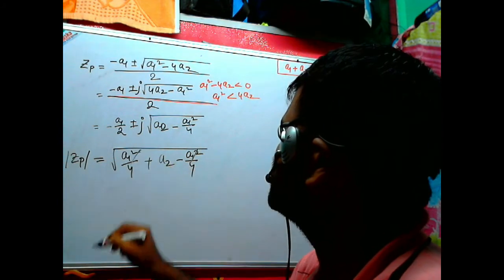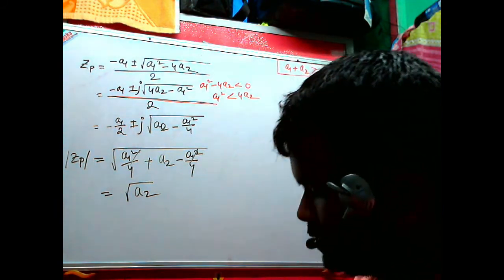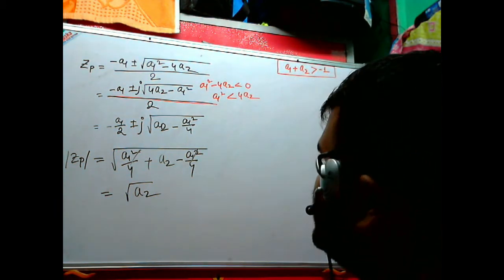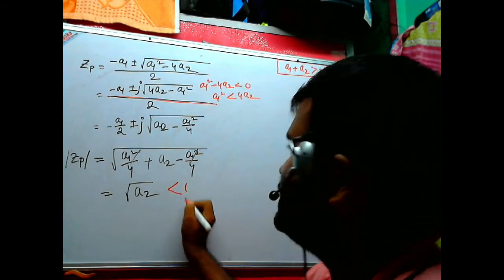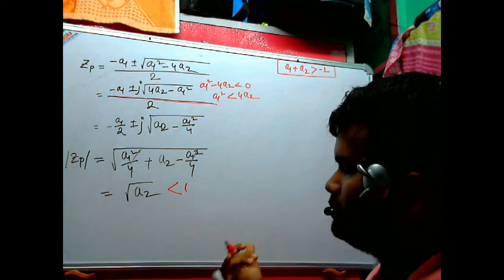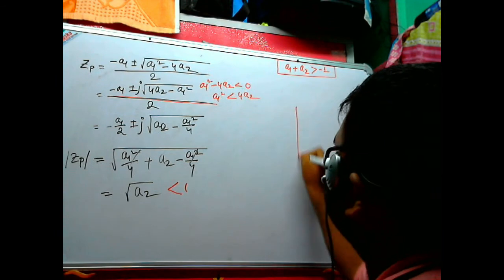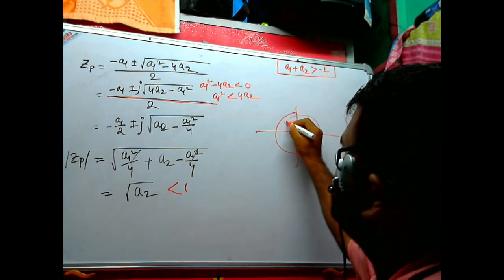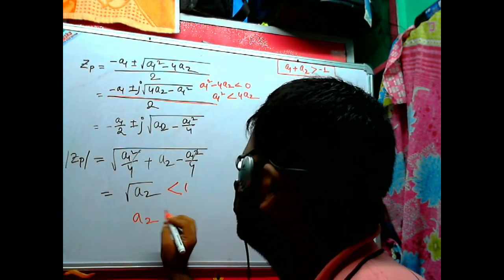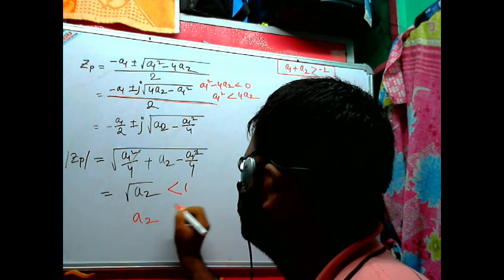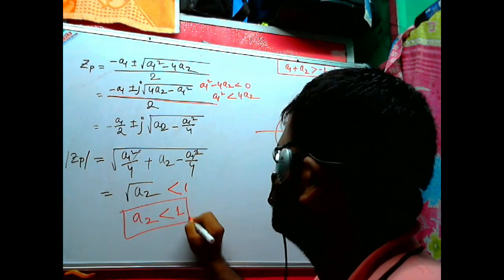You can cancel the a1 square terms, so this is basically root of a2, the magnitude of zp. This must be less than 1 in order for the poles to be inside the radius 1 circle. Squaring both sides, a2 is less than 1. So this is another condition.